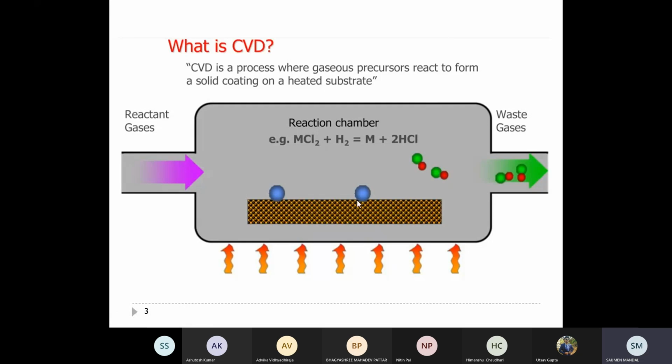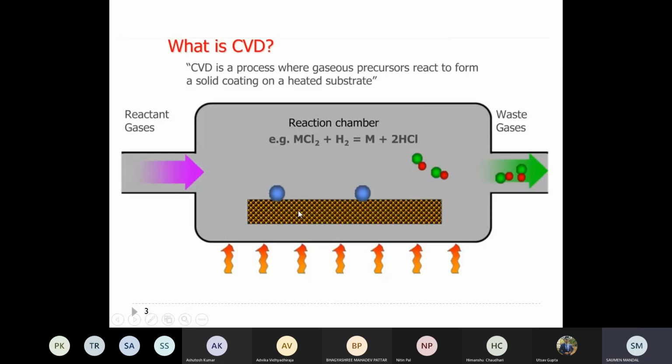So what are the parameters, like temperature? The chamber temperature is an important part, and also the pressure of the chamber is important to enhance the reaction, because every reaction requires some temperature and pressure. This reaction will happen, and then whatever the reaction product is will be deposited on the substrate.